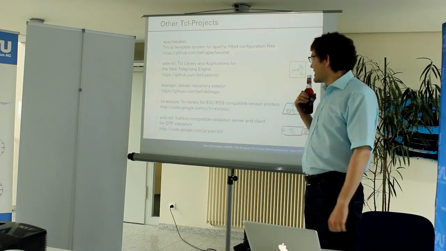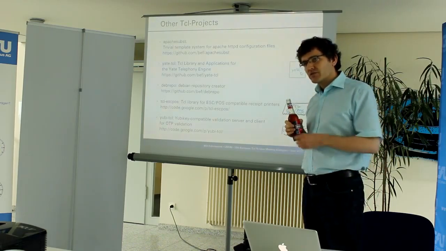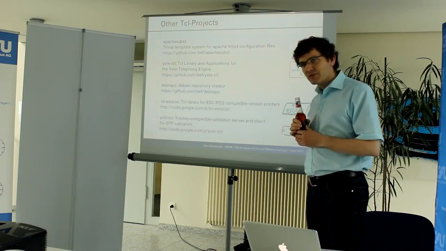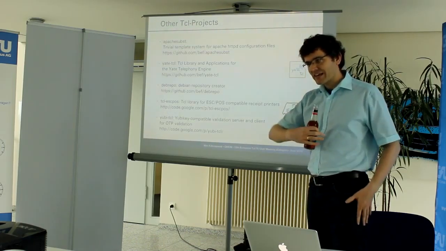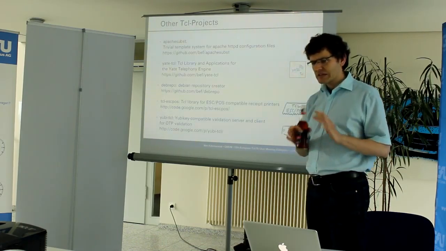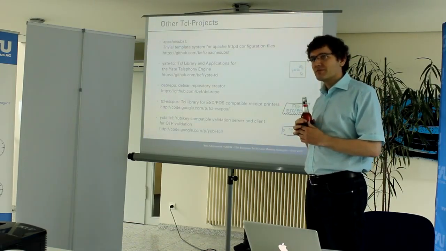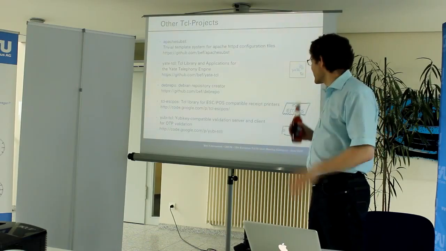Then, for one project, I wanted to create a Debian repository, but all the tools available for creating actual Debian repositories were so unfitting, so I wrote a little EuroTcl script for assigning the directory listings or something.